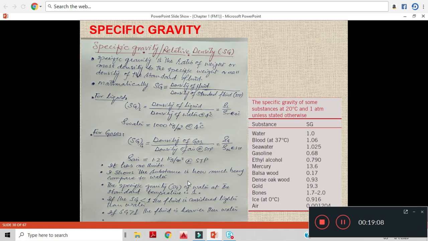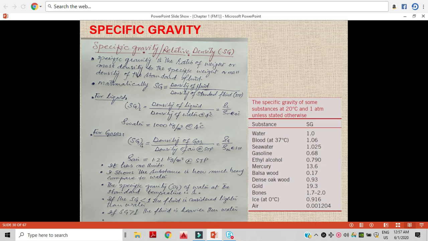The specific gravity of water at the standard temperature is 1. If the specific gravity is less than 1, the fluid is lighter than water, and if it is greater than 1, the fluid is heavier than water.